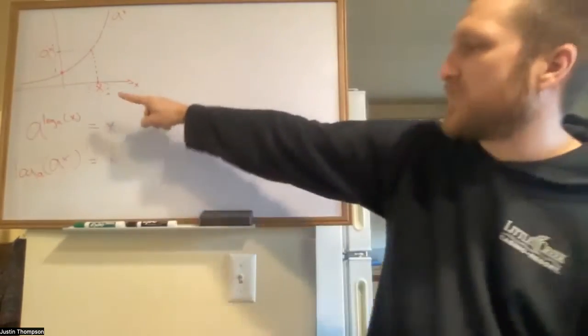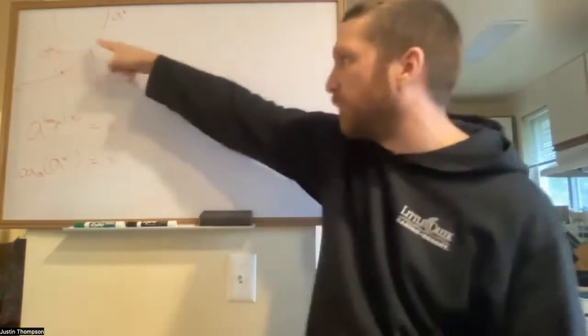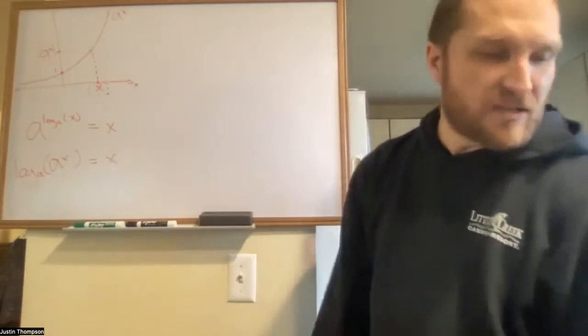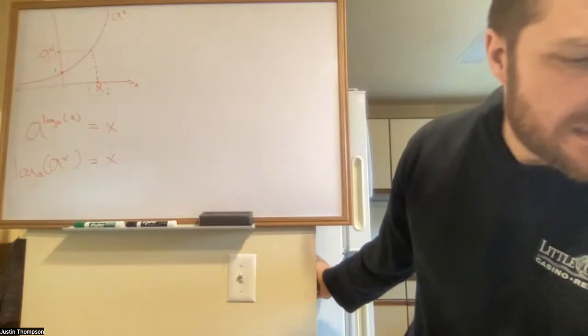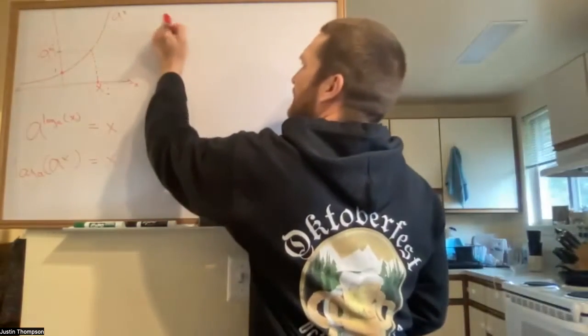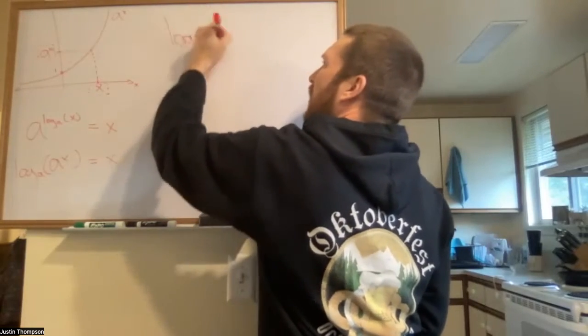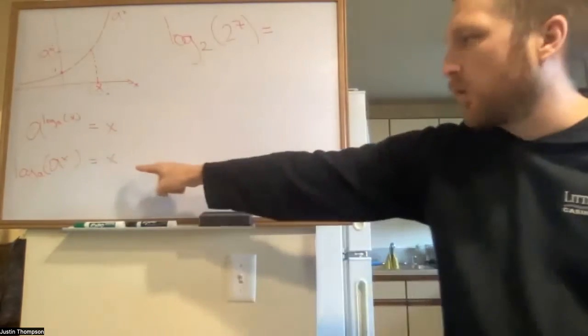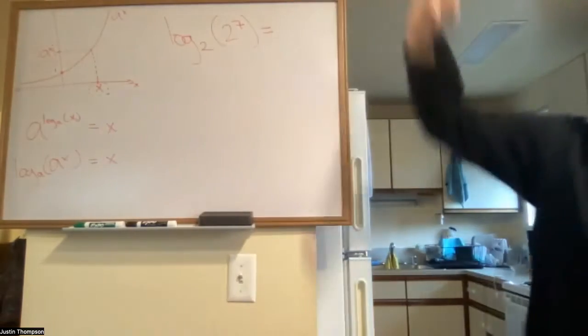And that came from just taking some number x, plugging it in and pulling it back. And of course you ended up back at x. And so let's say, for instance, let's just do this. What is this? We shouldn't need to use our brains. Log base 2 of 2 to the 7. What does that formula tell you that should equal?